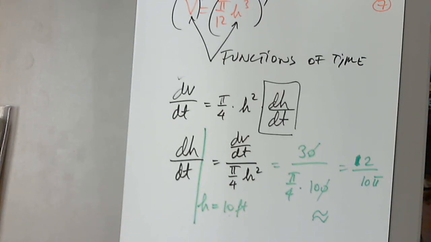The other option is 12 divided by pi, and then continue to divide again by 10, or the other way around, it doesn't matter. But do not divide by 10 or by pi and then multiply by mistake. So we got 0.38. What is the measurement unit? 0.38 what?